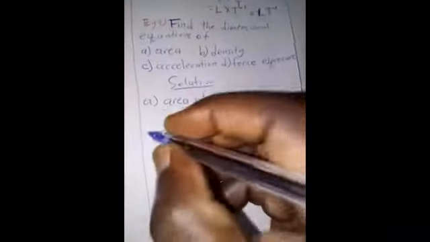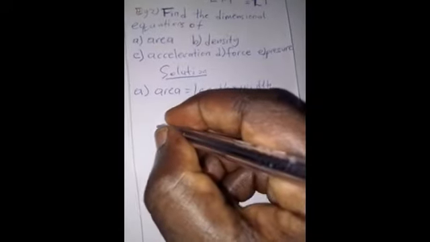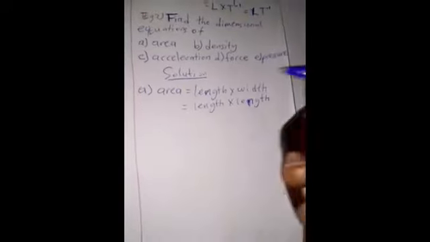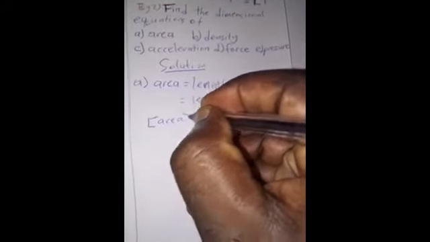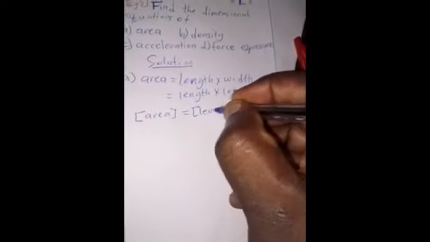So first of all, I want the dimension of area, which becomes equal to the dimension of length times the dimension of length, in which this length represents the width.